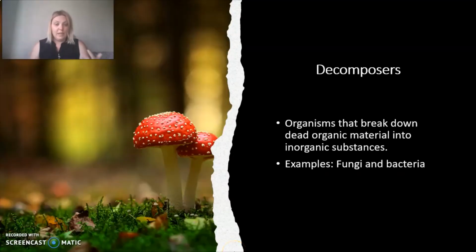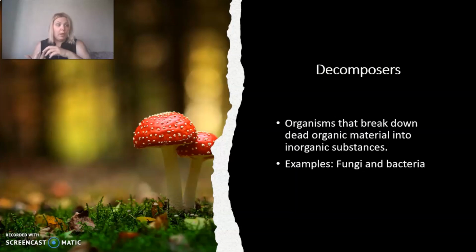And finally, we have decomposers. Those are the organisms that break down dead organic material into inorganic substances. So in the end, the whole cycle comes full circle. You have plants that are going to take inorganic substances and turn them into organic matter.